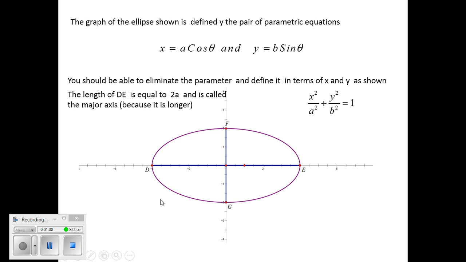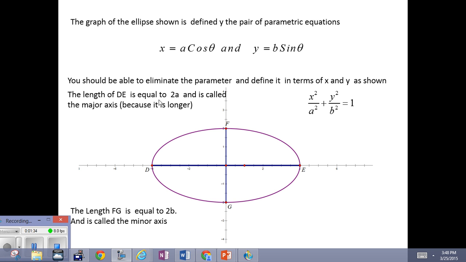That will be shown to be twice the value of a, and the minor axis, which is the shorter, will be twice the value of b. And in some orientations, we're going to see this is going to be the longer along the y, and the equation is going to look very similar.